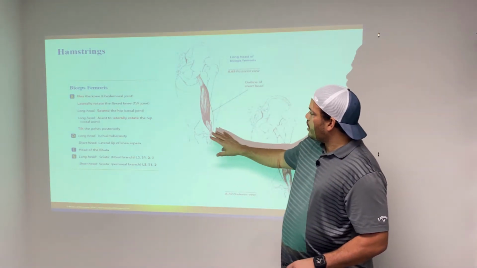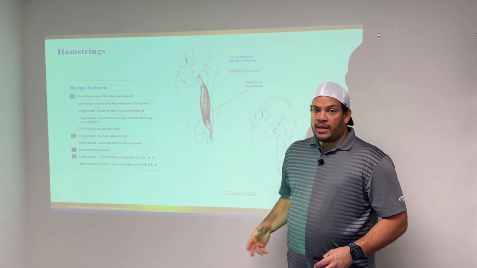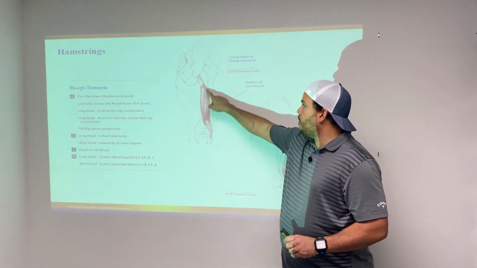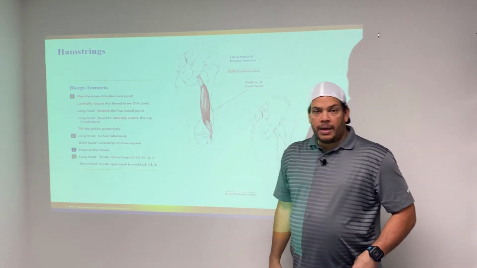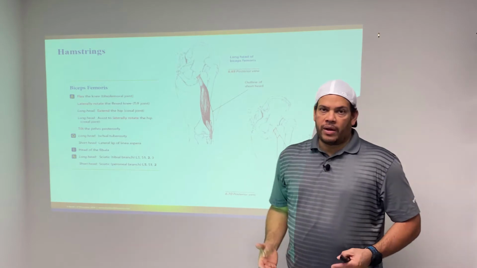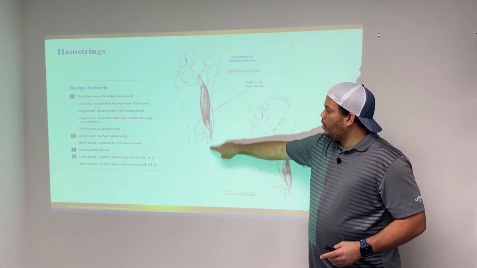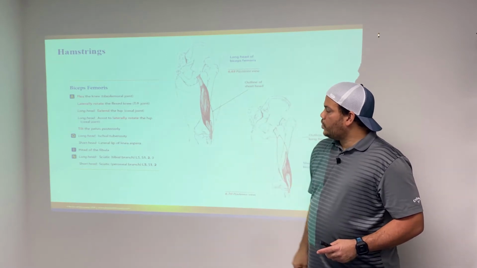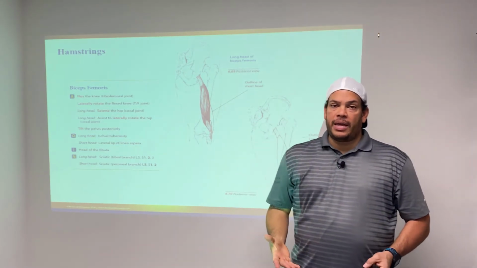So when you talk about the actions of the biceps femoris, we can say that only the long head of the hamstring performs extension of the hip, because it's the head that crosses the hip joint. The short head of the biceps only crosses the knee joint posteriorly, so it will not be active at the hip joint.